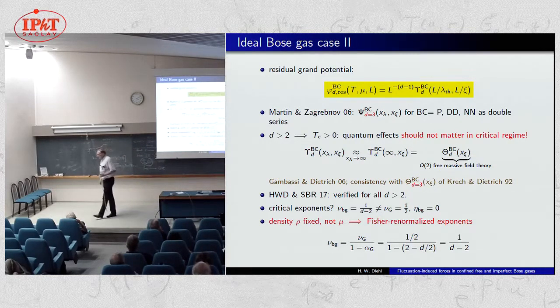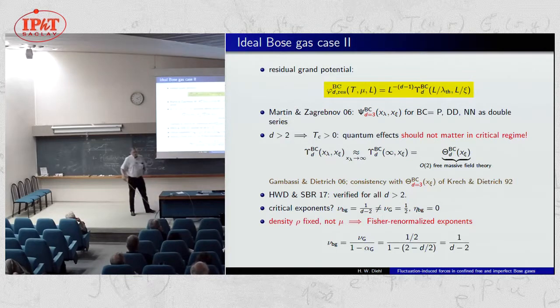Unfortunately, they did not make the connection with classical models, but it was pointed out by Gambassi and Dietrich. If you analyze their series results, then you actually find complete consistency with earlier results for the massive free field case for a two-component O(2) theory. And well, one can generalize this for all D.